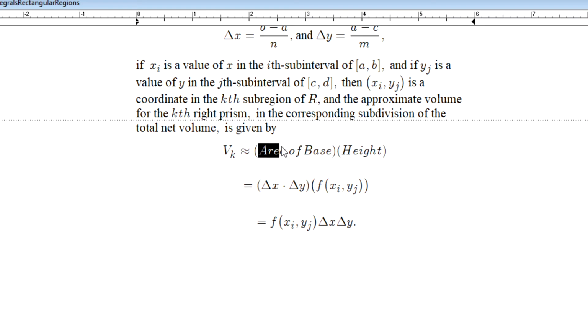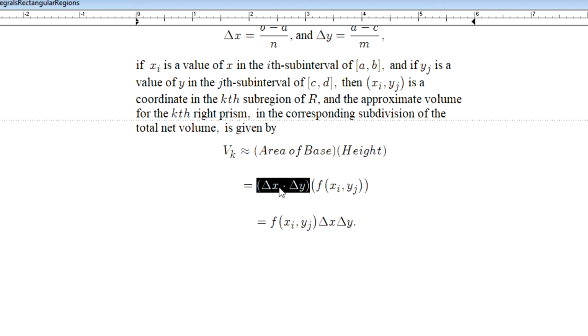It's going to be the area of the base, which is really just how wide is the ith subinterval of x times how wide is the jth subinterval for y.